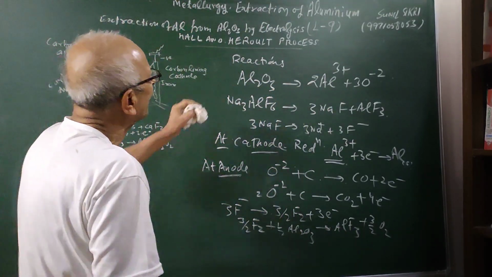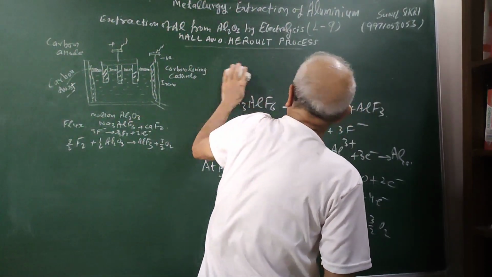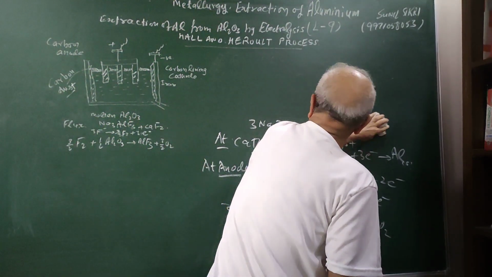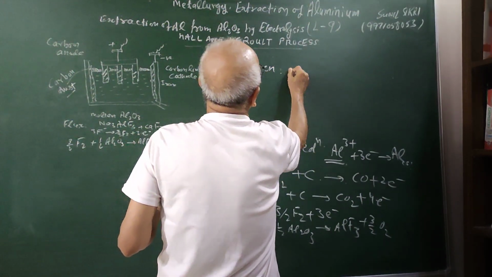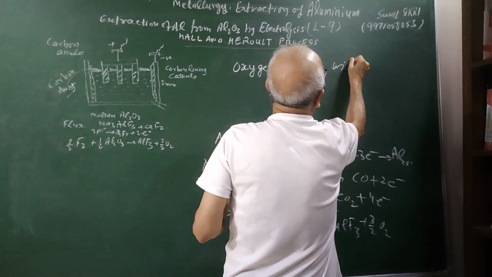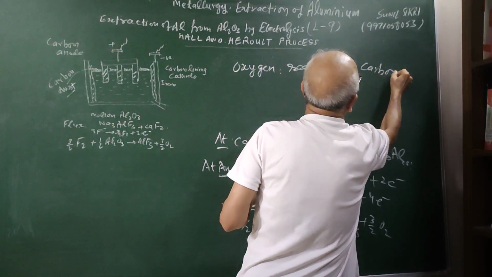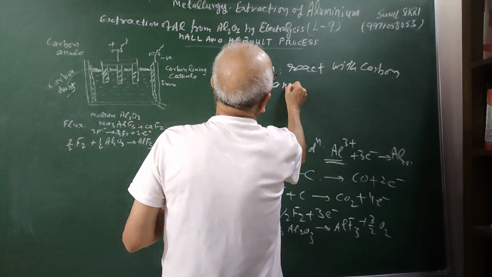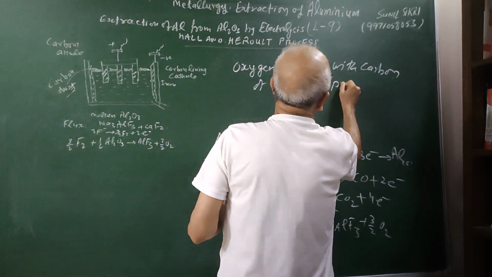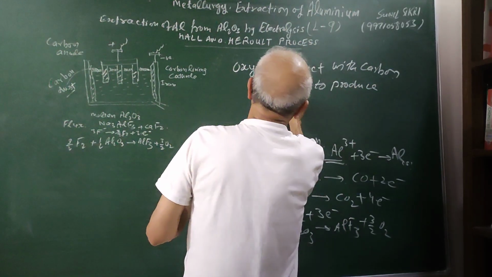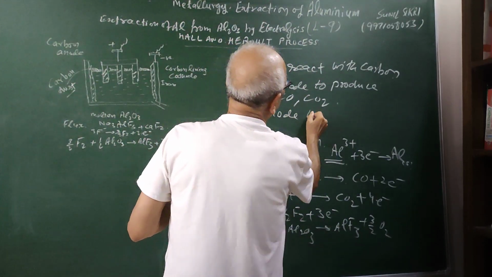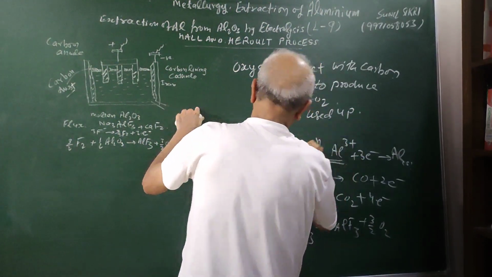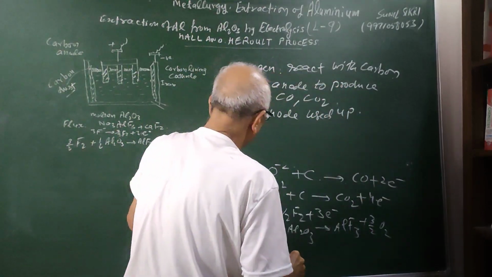The interesting thing is that the oxygen which is produced, students, will react with the carbon of the anode to produce CO and CO2. That means the anode is being used up. So what will be the result of this, students?